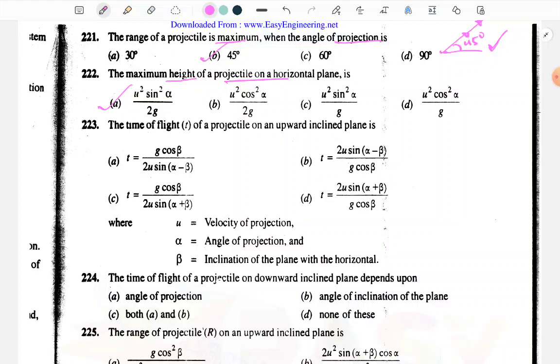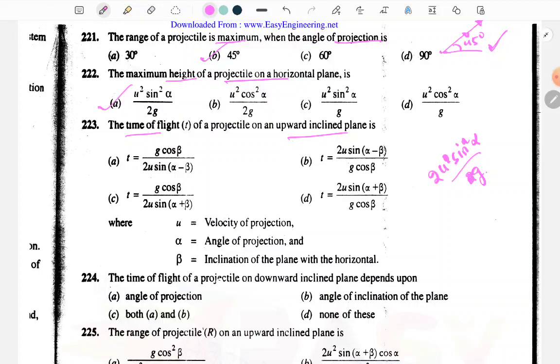Time of flight of a projectile on an upward inclined plane. So time of flight is being asked, so it is 2u sin alpha by g.